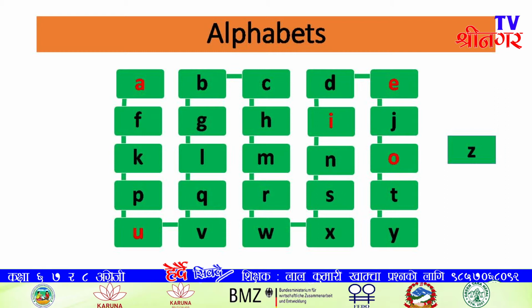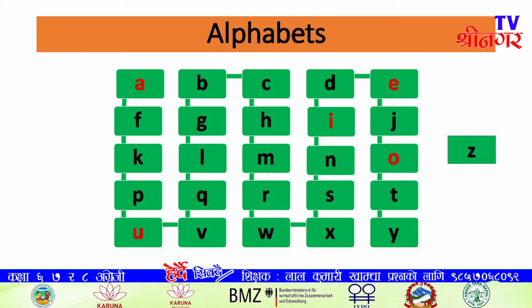It means the letters of the alphabet are divided into 2: consonant letters and vowel letters. 5 are vowels and all the remaining are consonants.